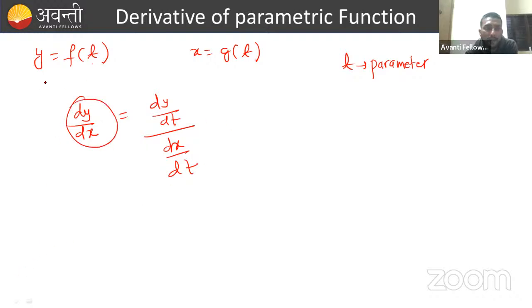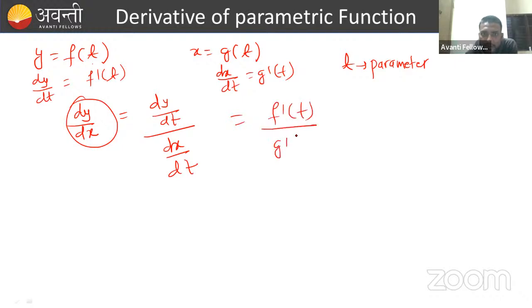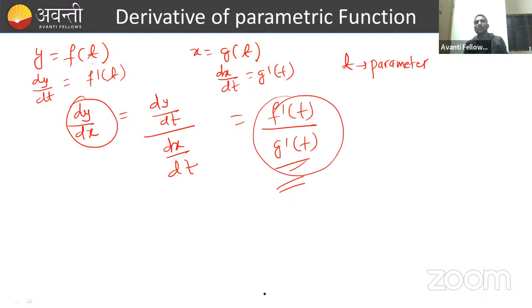So if this is y, if you find dy by dt, you will get f dash t, and if you find dx by dt, you will get g dash t. So what will be your answer? It will be f dash t divided by g dash t. This will be your answer. So if the parameters are given and you have to find dy by dx, first dy by dt and then dx by dt. Then divide it, you will get dy by dx.